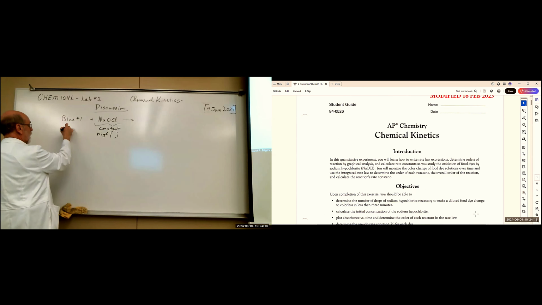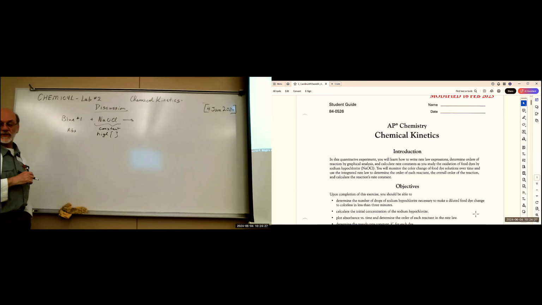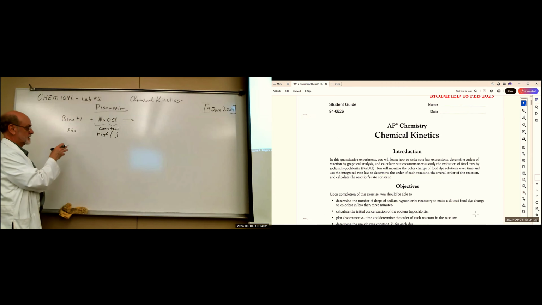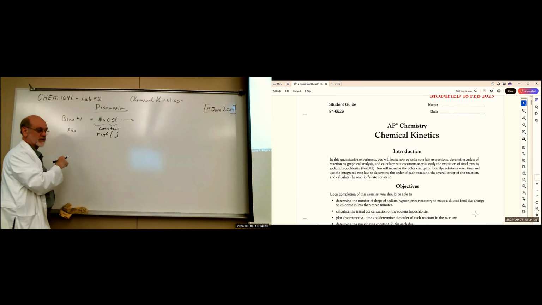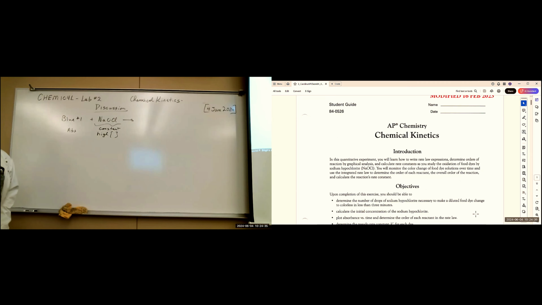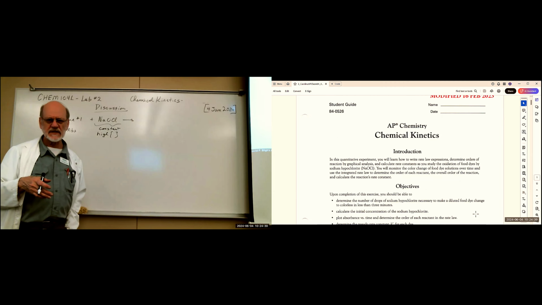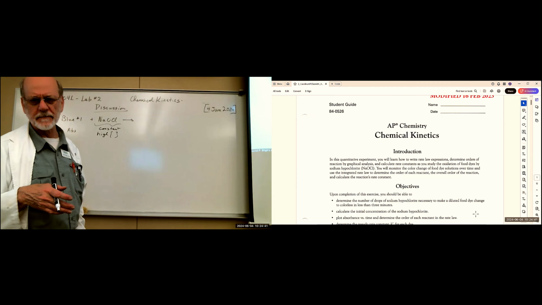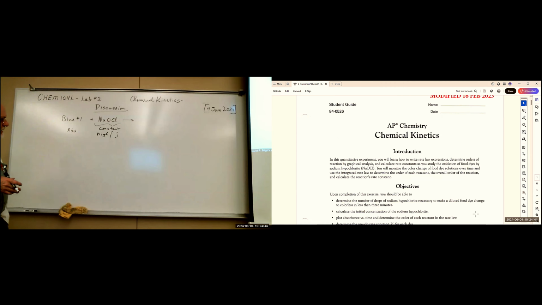And then for concentration here, we actually use absorbance, optical absorbance. So we measure the optical absorbance. At the instant we add bleach, we start the timer. And every so few seconds, I forget how many, 10, 15 seconds maybe, we take a measurement.